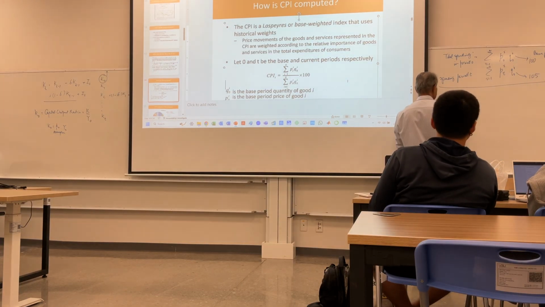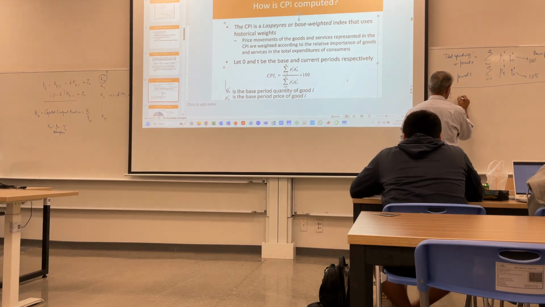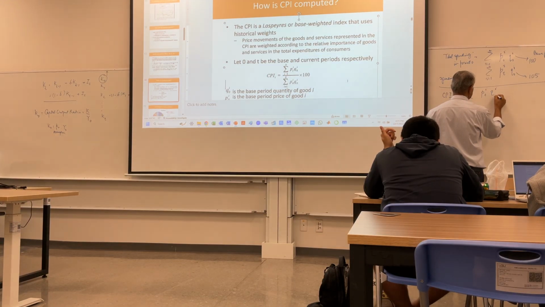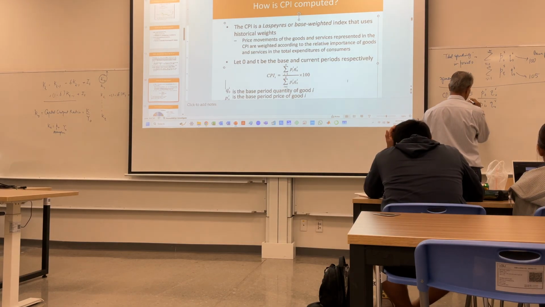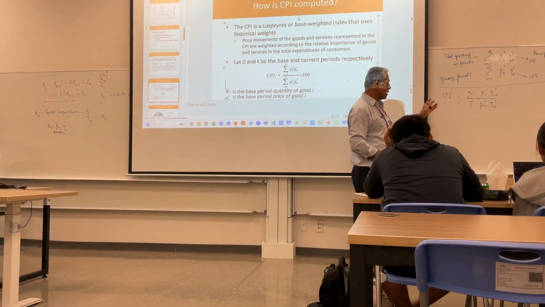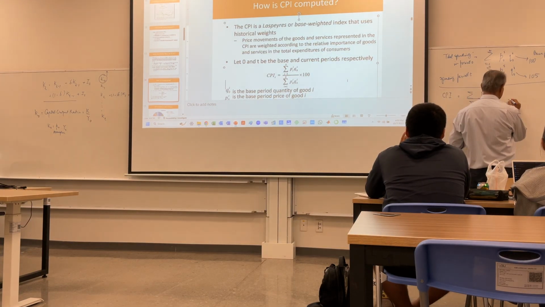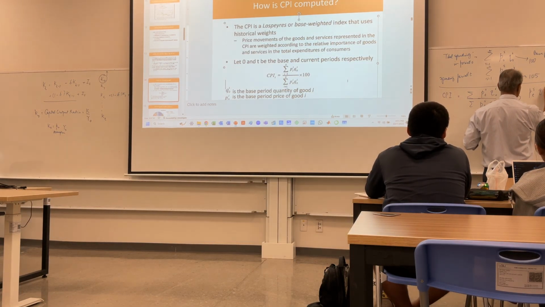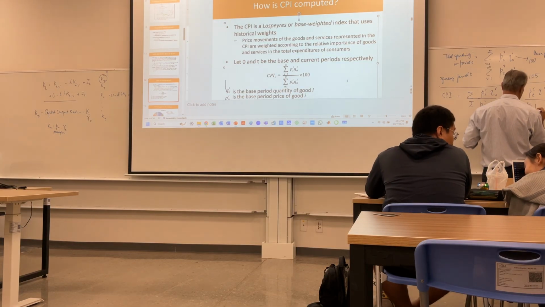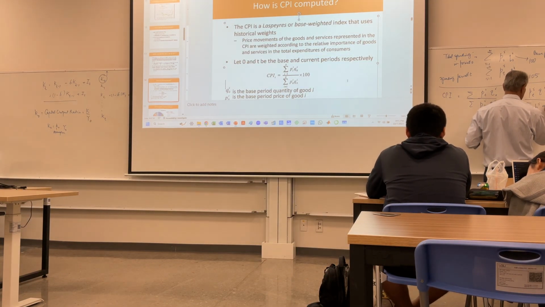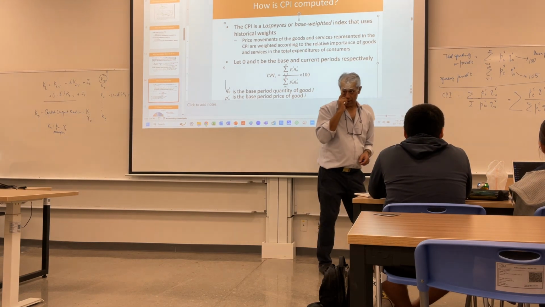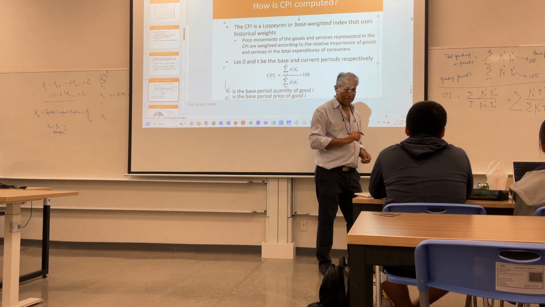Look at that. So this is my CPI, equal to the sum of p_i^t q_i^0 divided by the sum of p_i^0 q_i^0. Leave out the i's. I'm taking out the 100 also. Is this correct?